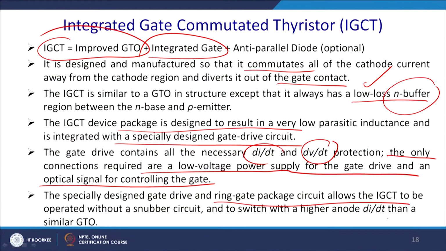For dv/dt and di/dt protection, mostly for dv/dt, we require a snubber, but this has the added feature that it does not require a snubber, and it can switch a higher di/dt than the rating of the GTO.